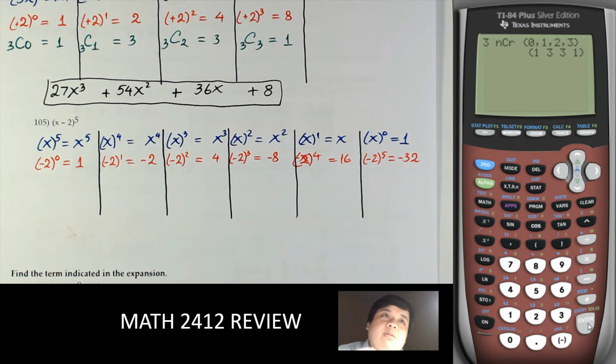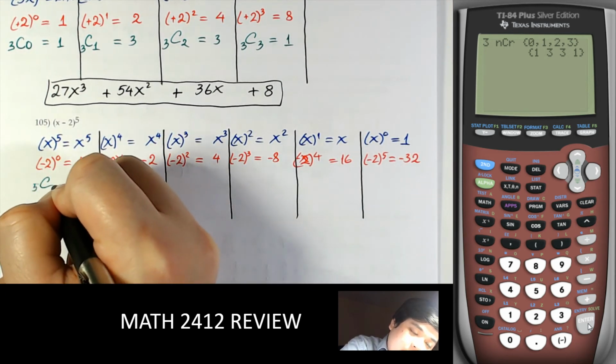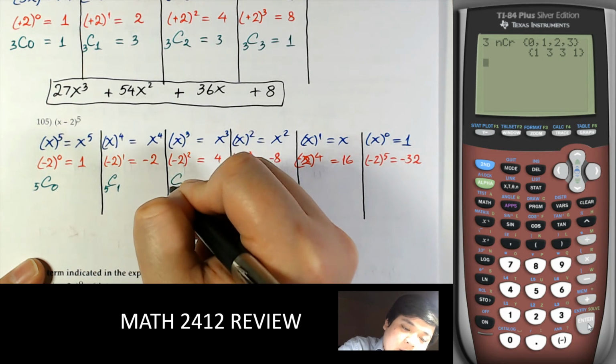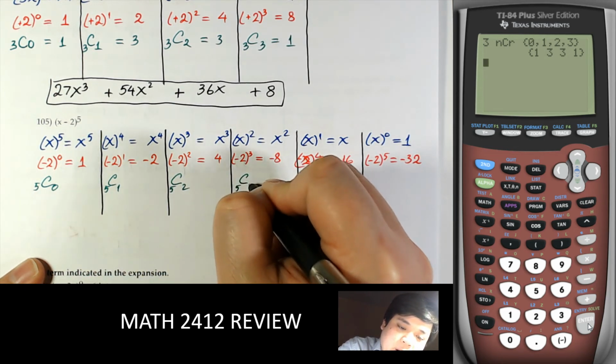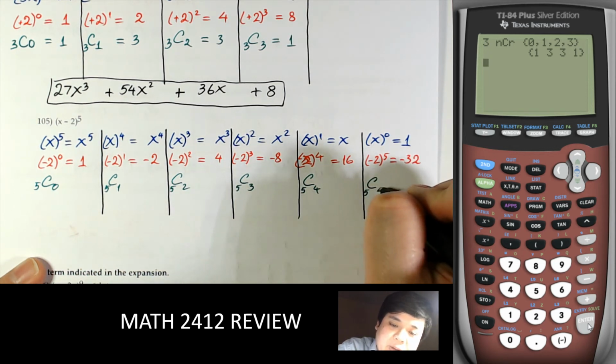The second term is raised to increasing power from 0. And then the coefficients start from 5 choose 0, 5 choose 1, 5 choose 2, 5 choose 3, 5 choose 4, and 5 choose 5.